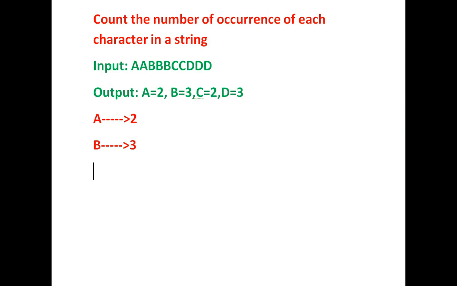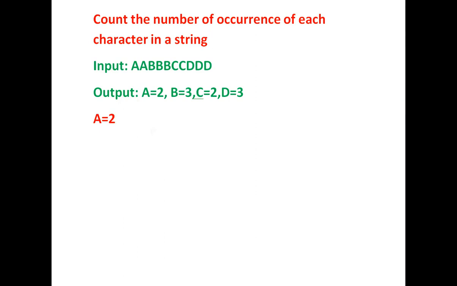We will first read the first character, which is A here, and set the count as 1. Again, we'll read the next character, find it is A again, so we set the count as 2.